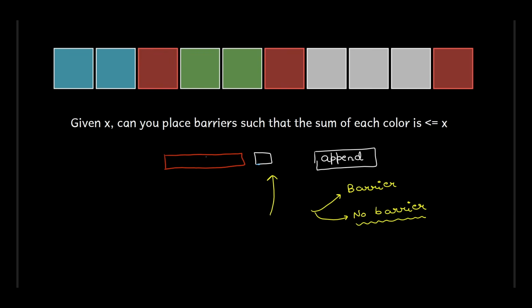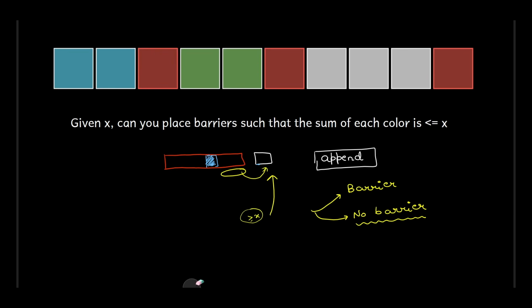Because what if the last barrier is over here, and the sum of these elements, they are of course less than or equal to x, because you have to find the answer. But if you add this element into this yellow color, then what if its sum exceeds x?